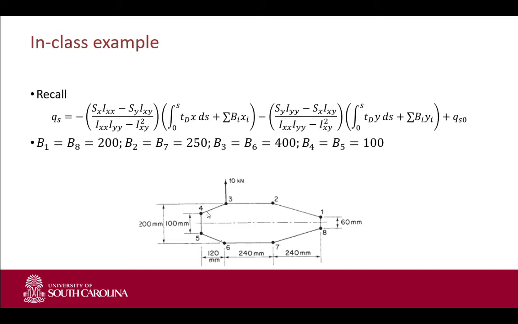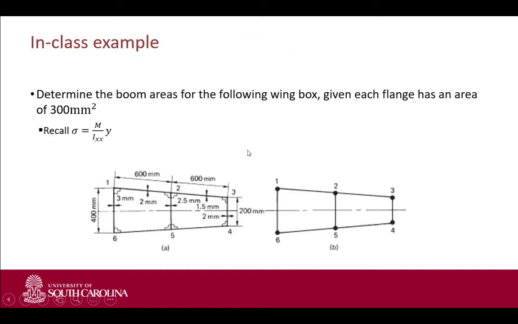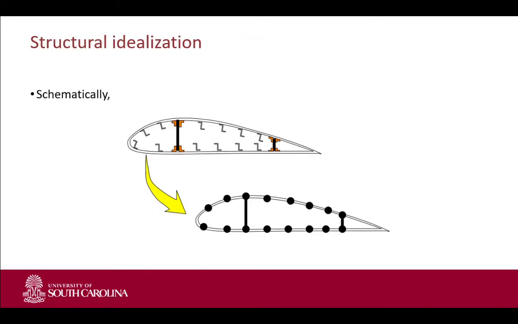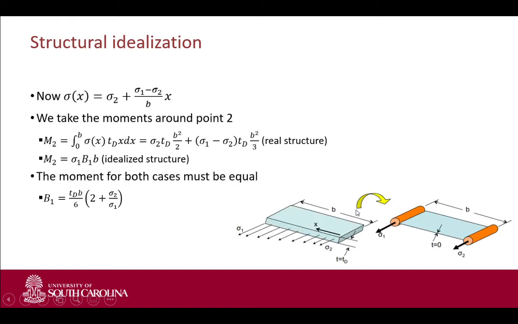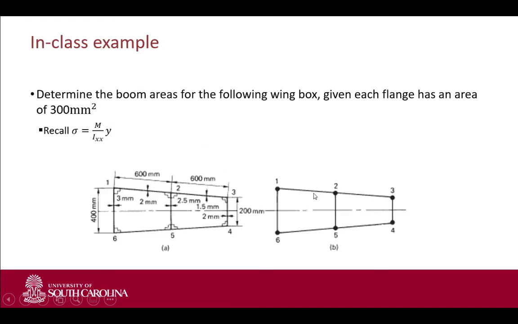And if you saw earlier, when we started doing our analysis, this, for example, is a 3-cell problem. So you have one cell here, which is fully enclosed, a second cell, and a third cell. And in this case, this will be a double cell problem, a 2-cell problem.